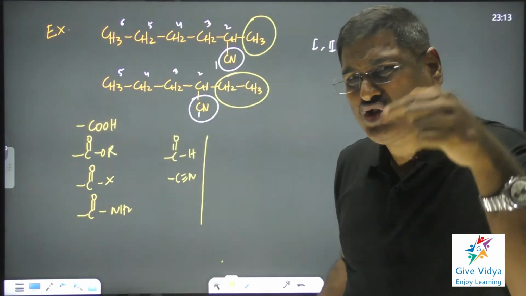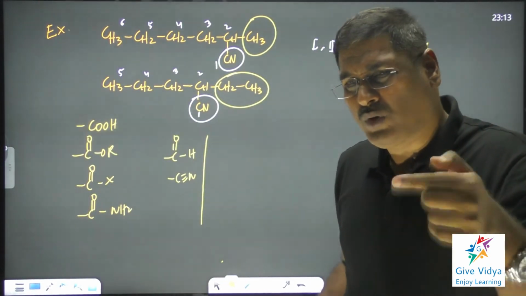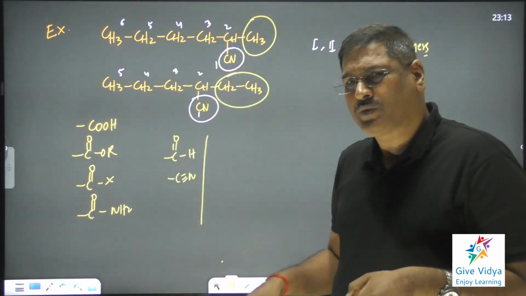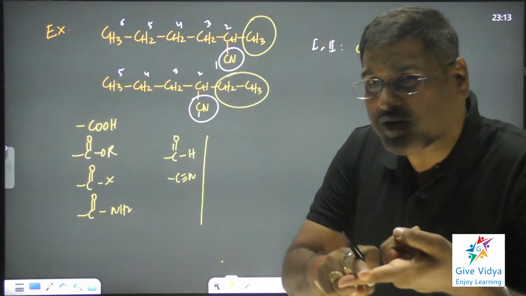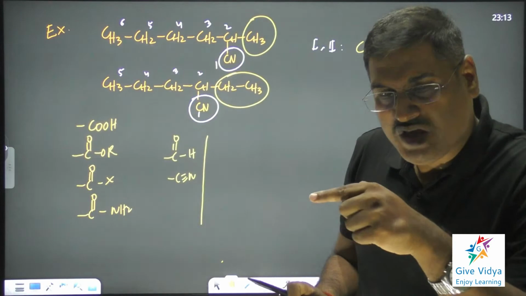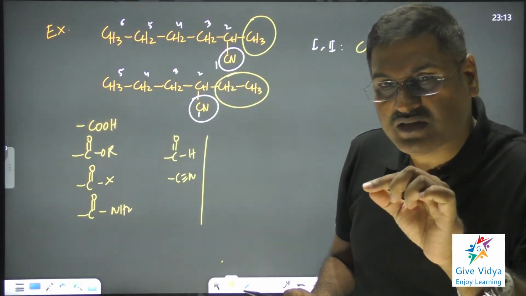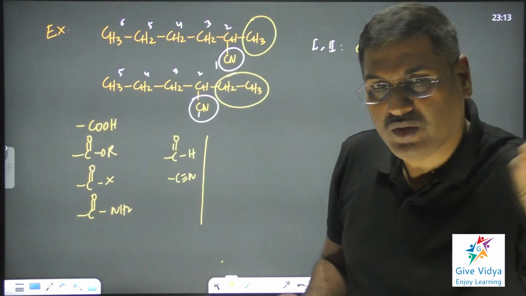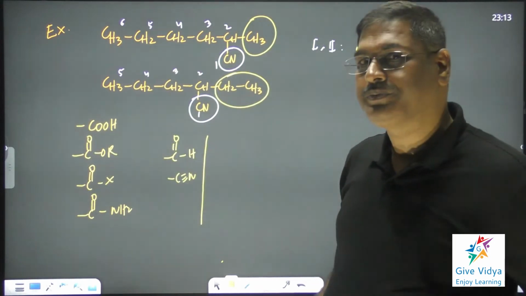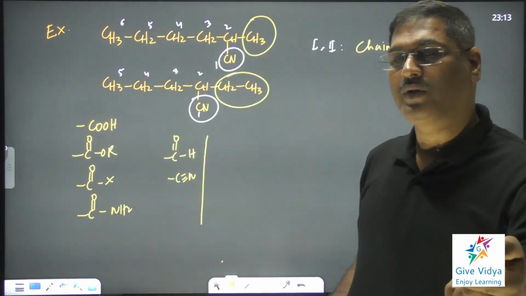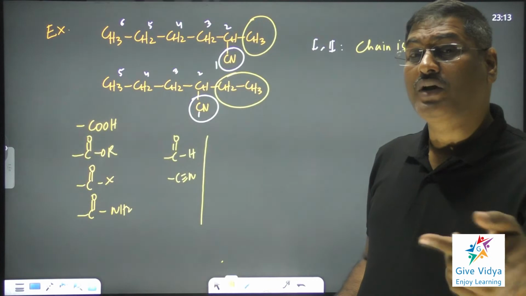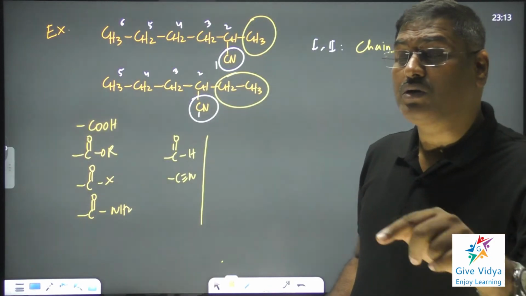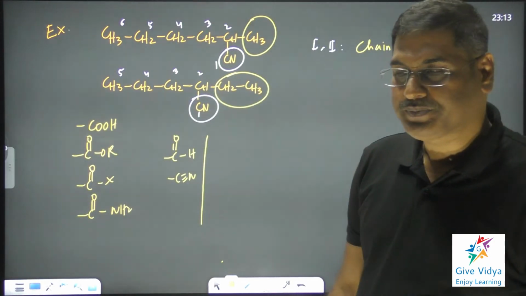So if you change the position of these functional groups, that is directly affecting the main chain, basic skeleton, parent chain of the molecule, and with that one you will get chain isomers, not position isomers.